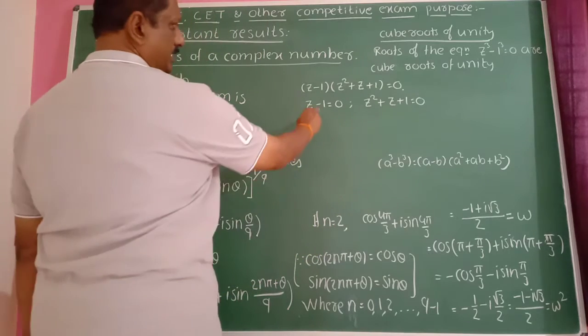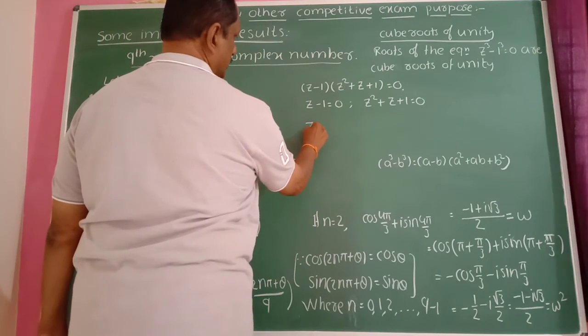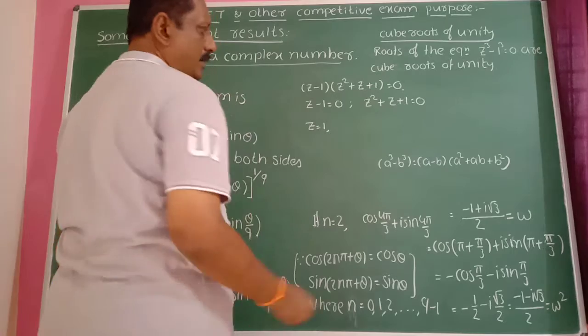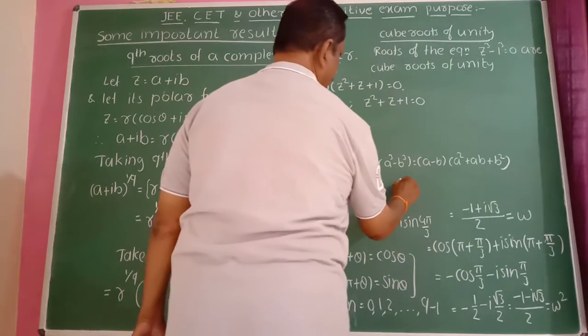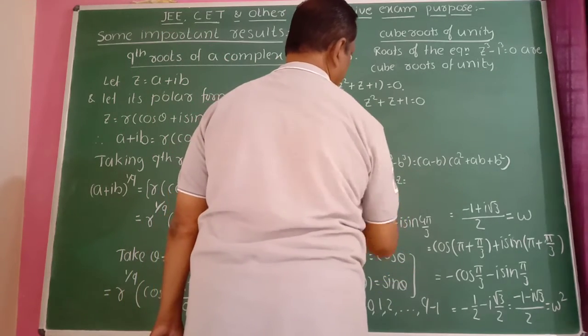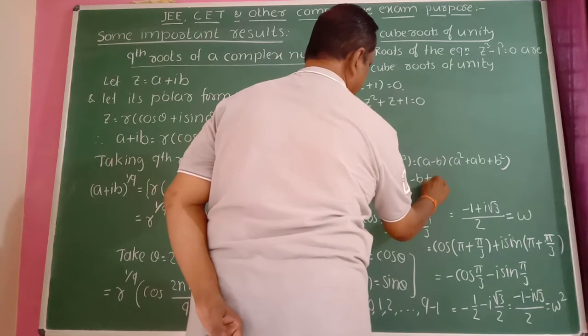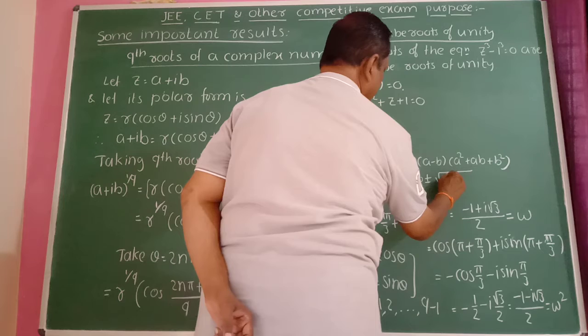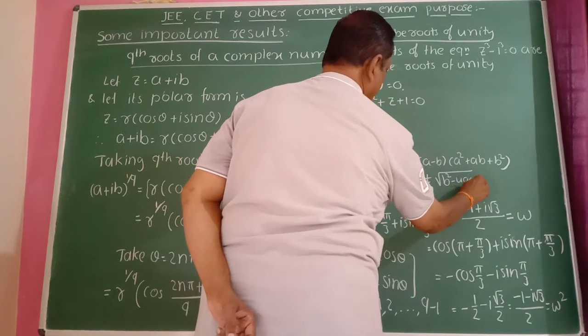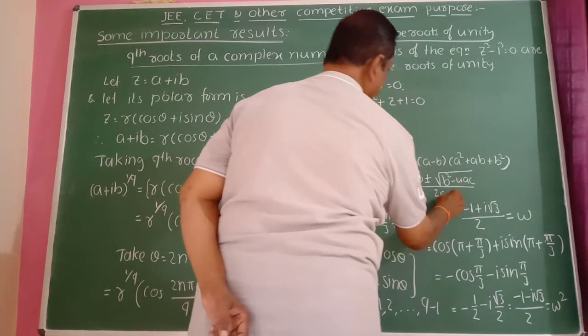Taking minus 1 to the right side, z is equal to 1. And you know this formula: this is a quadratic equation, therefore z is equal to minus b plus or minus root of b square minus 4ac divided by 2a. Use this formula.